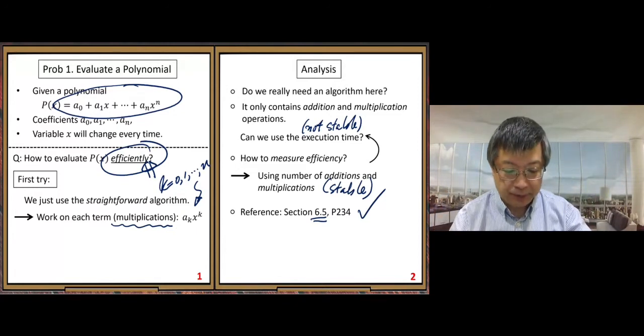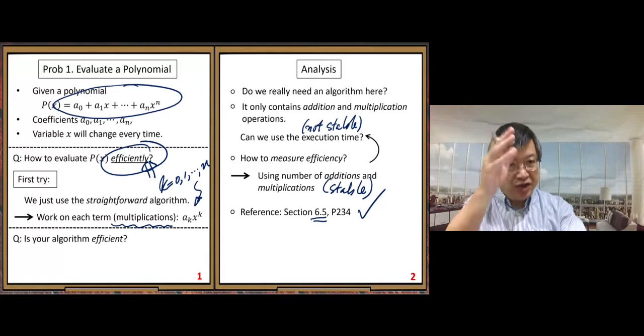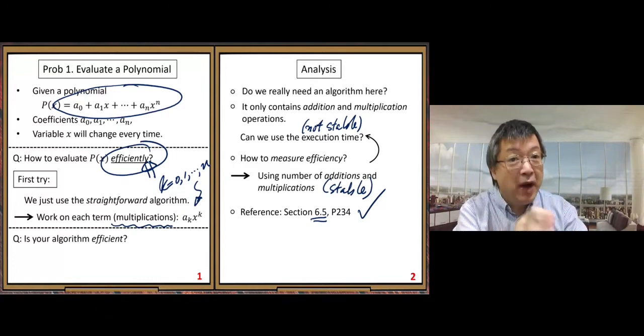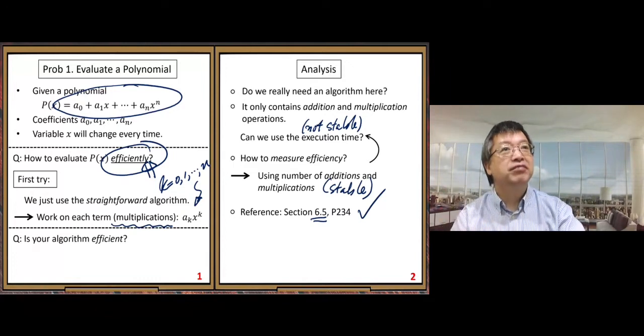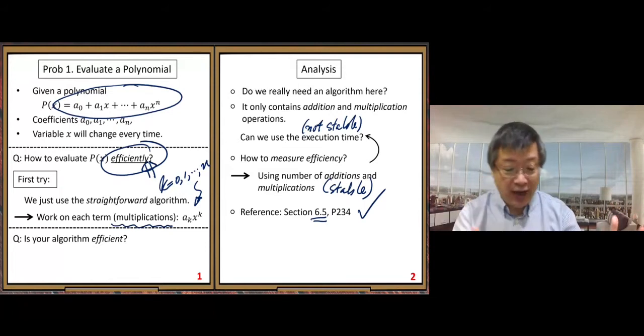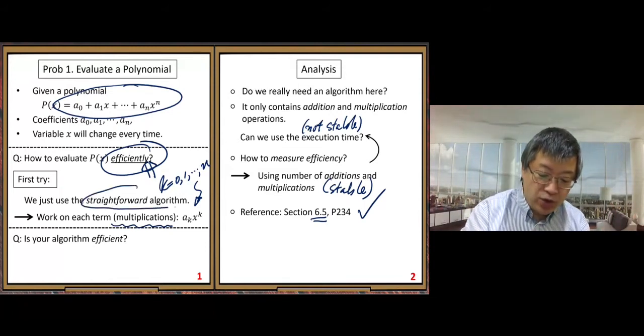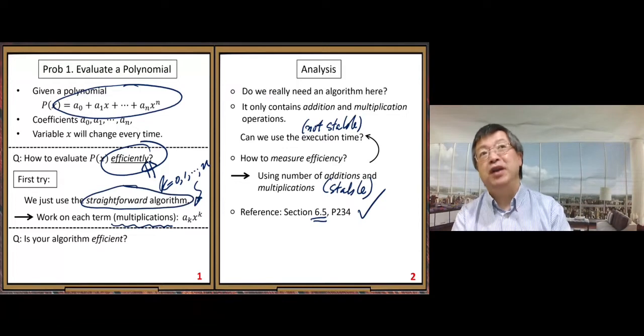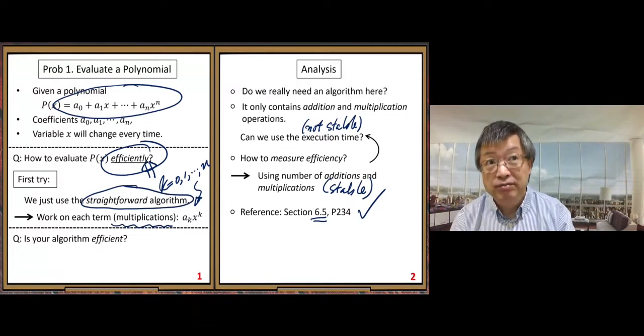The question is, is your algorithm efficient? The one we're talking about, this straightforward algorithm. Is that one efficient? Can we answer that question? May not be that easy.